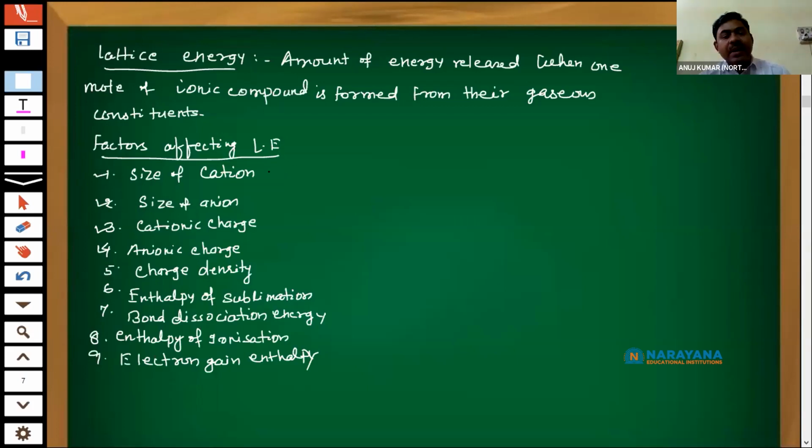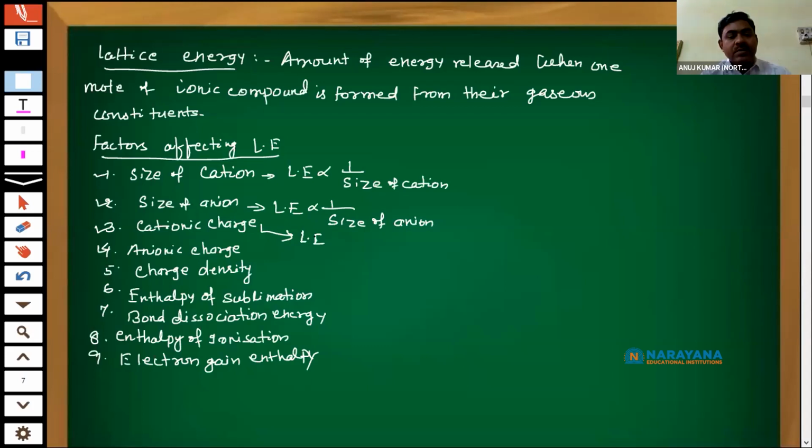And I am writing here size of cation. In this case, lattice energy is inversely proportional to size of cation. Here size of anion, again lattice energy is proportional to 1 by size of anion.